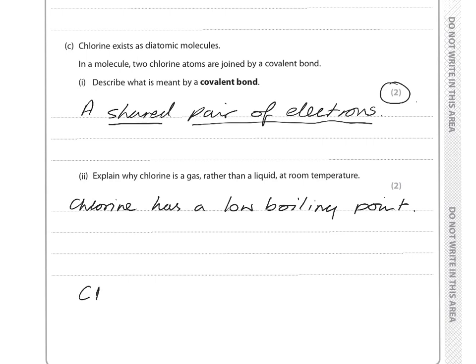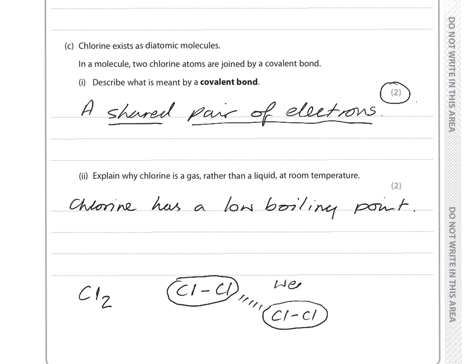It's Cl2. What that means is that the structure of chlorine consists of chlorine atoms that are held together by strong covalent bonds to form a chlorine molecule. Now, when chlorine boils, it's not the covalent bonds that break. The molecules are held together by weak intermolecular forces, and it's the weak intermolecular forces that break when the chlorine boils.